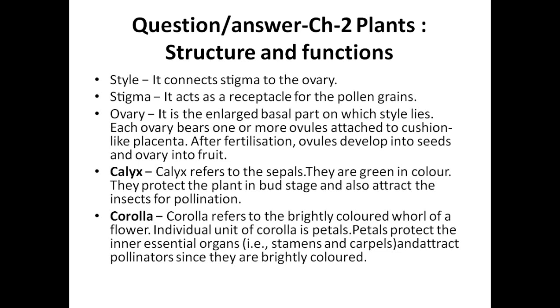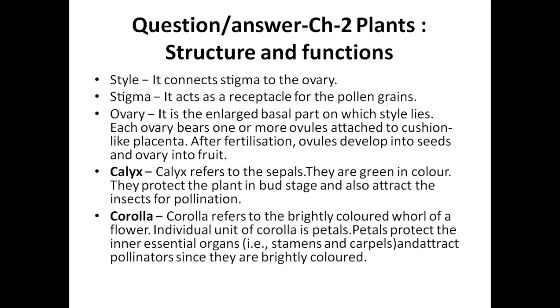These are all the parts of the carpel. That is called the female part of the flower. Style connects the stigma to the ovary. Stigma acts as a receptacle for the pollen grains, and ovary is the enlarged basal part on which the style lies. Each ovary bears one or more ovules attached to the cushion-like placenta. After fertilization, ovules develop into seeds and the ovary into the fruit.